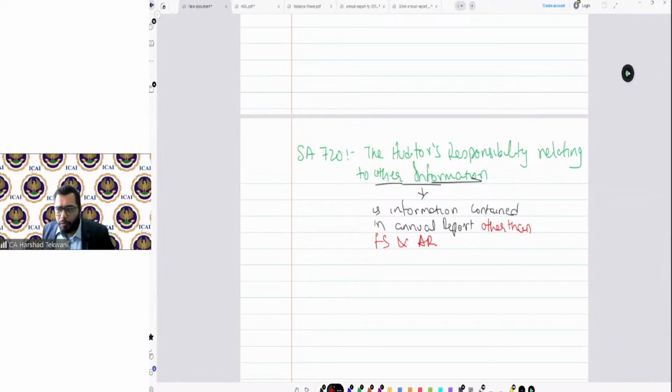Now, what is the auditor's responsibility with respect to other information? First, we need to understand what a misstatement is. This standard requires the auditor to read and consider the other information.